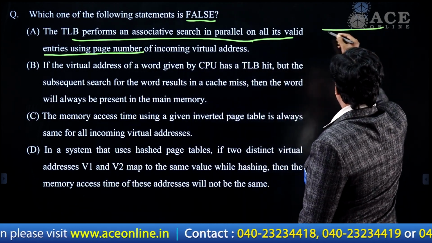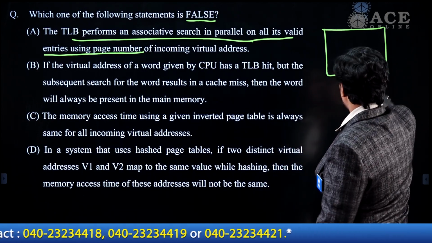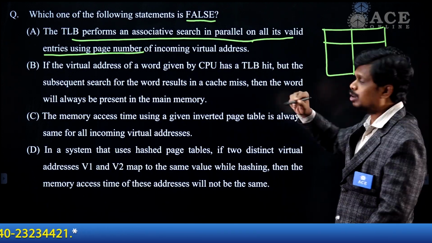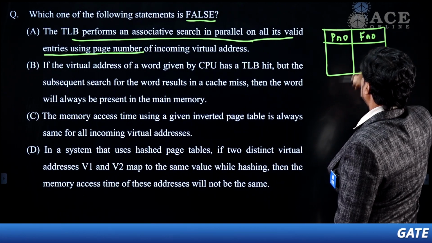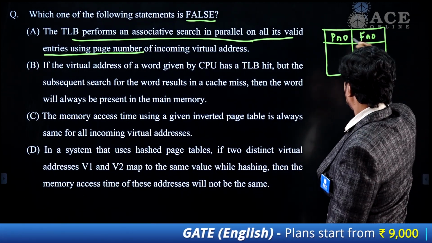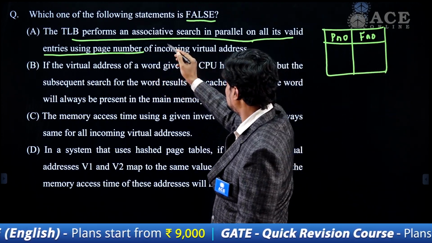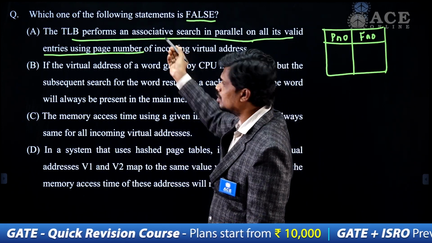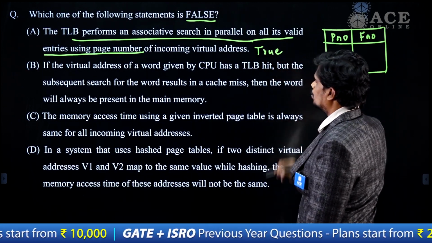If you consider the TLB table, the TLB contains the most referenced page numbers along with the frame numbers, right? So using the page number, it is performing some parallel search, and the same is given in the question statement, right? So hence this particular statement is true.